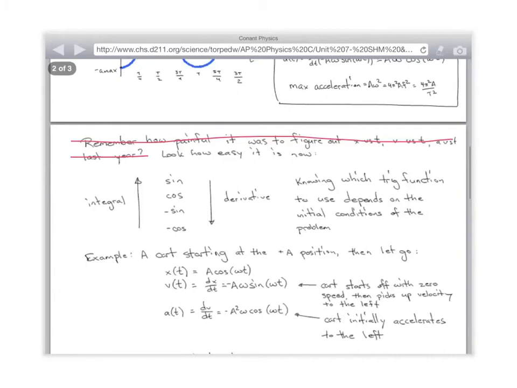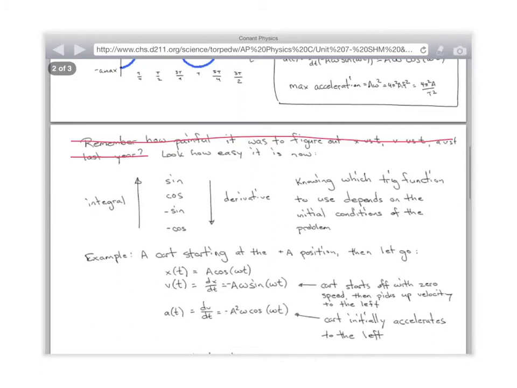All right, so car starting in positive A position and then let go. That means position is A cosine. Velocity starts here. What's the velocity going to start at? If you start all the way to the right, what's your velocity starting at? 0. And then what's it start doing once you let go? Accelerating, in the negative direction.